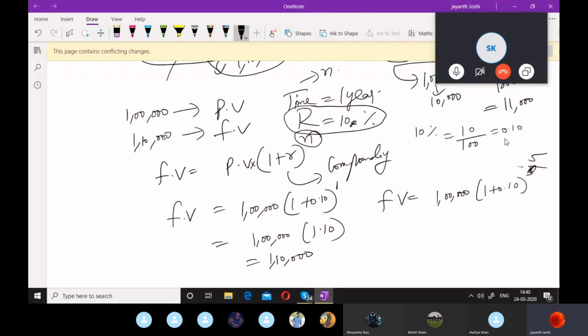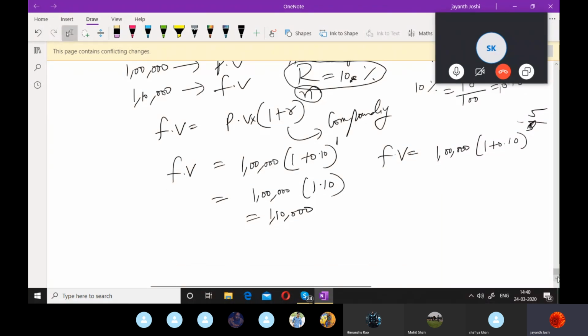Okay. So now next part. Now this is about the future value. Now let us discuss about the present value. So the same formula goes like this.